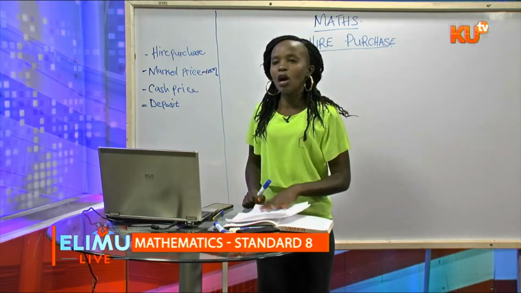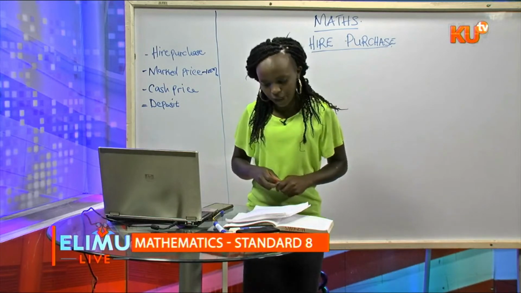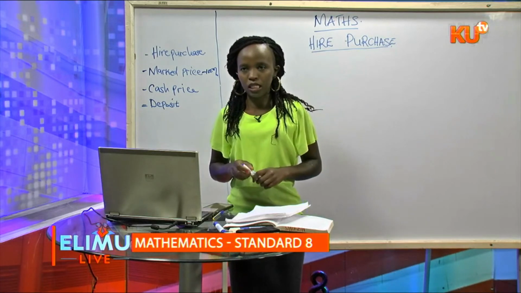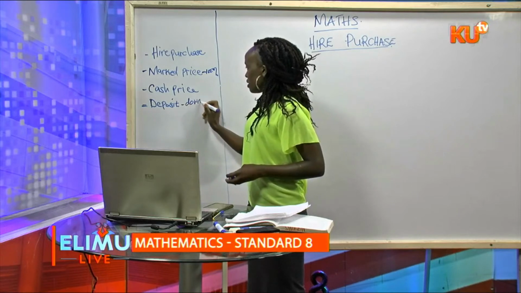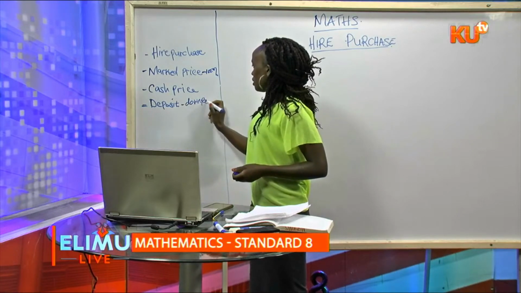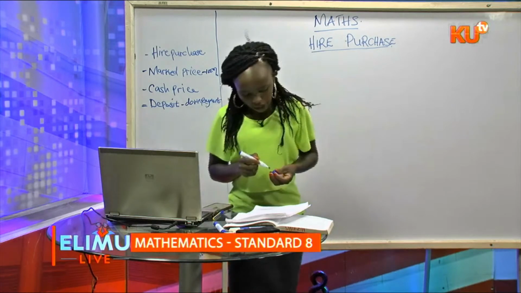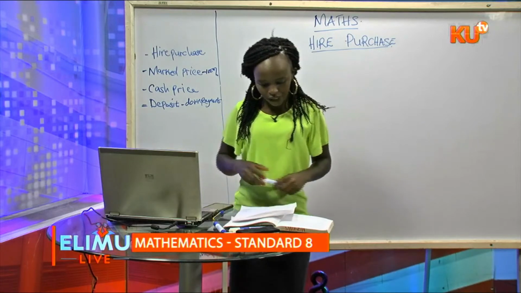It is also called the down payment. The money that you pay first, that's what we call the deposit, though some traders may not even ask for this deposit. It is the amount you pay first, after you have agreed with the trader.